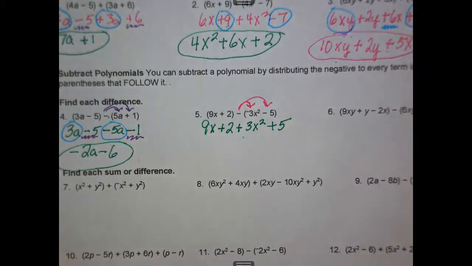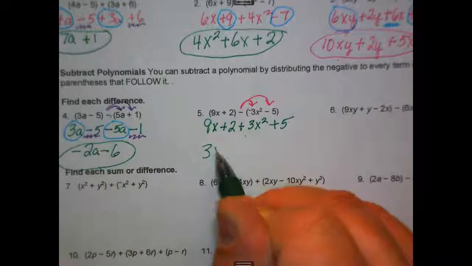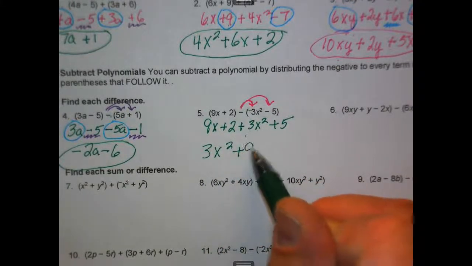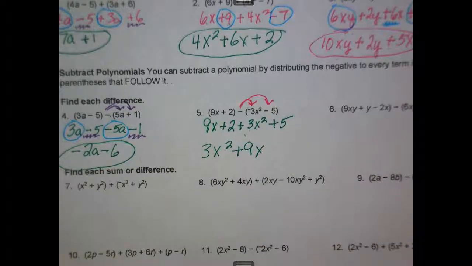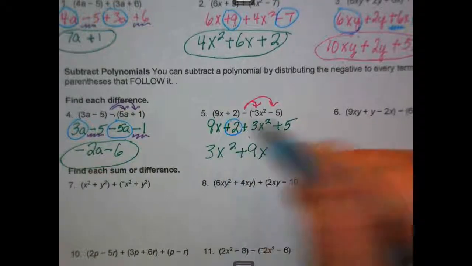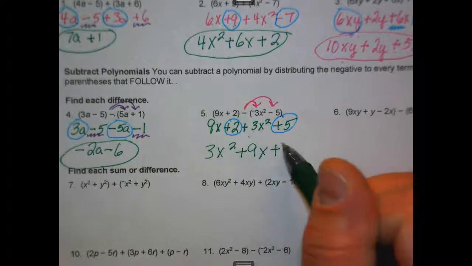Okay, put it in standard form. What's the highest term here? 3x squared, right? The next one, the 9x. And then I can combine two of them, right? Positive 2 and the positive 5, positive 7.